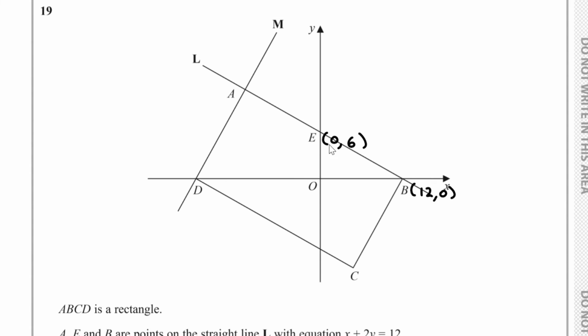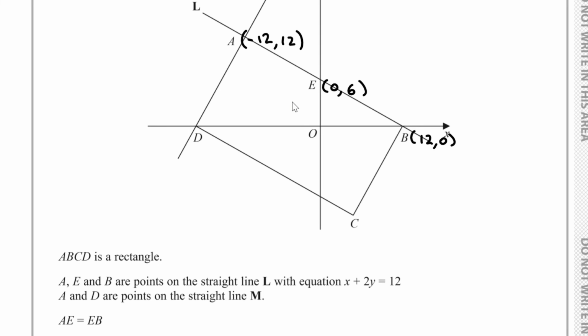So going in the opposite direction, over here, to go from the 0 to the 12, I need to add 12. So in the opposite direction, you can see A has coordinates, x coordinate minus 12, and then 6 to 0, we subtract 6. So in the opposite direction, we need to add 6. 6 plus 6, that's 12. So the coordinates of A are minus 12, 12.